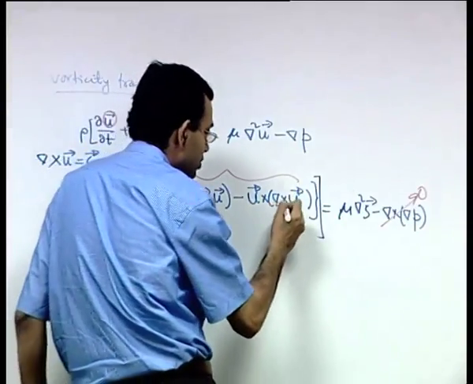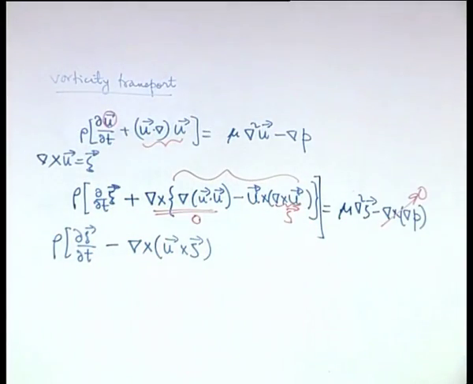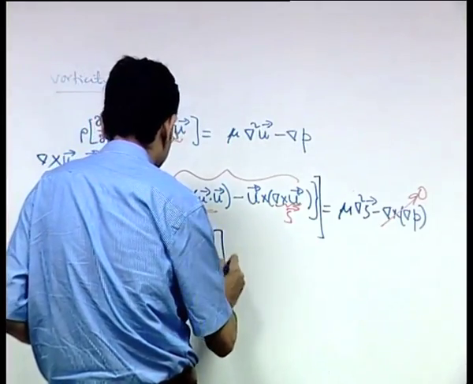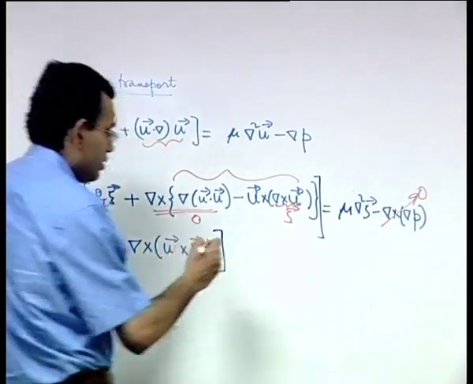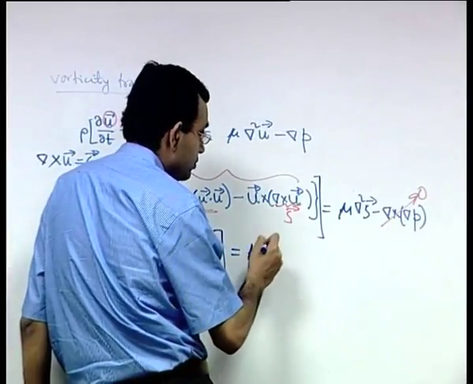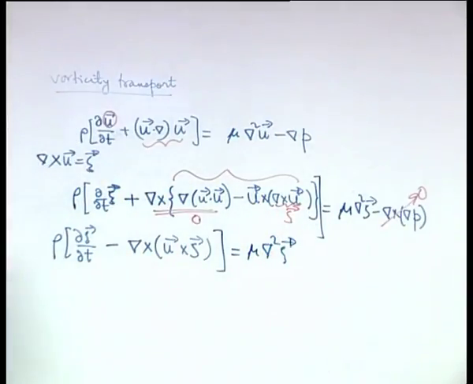So, this is equal to zeta. Is equal to mu del squared zeta.